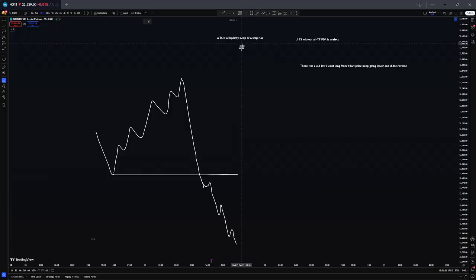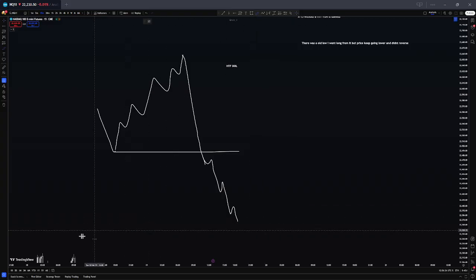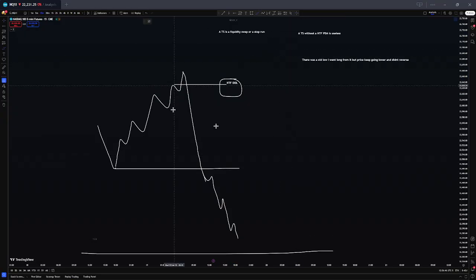This is when you have to keep the higher time frame drawn liquidity in mind. The institutional order flow is bearish, the drawn liquidity is lower, and you're expecting a bullish turtle soup. You're wrong. You have to look for a bearish turtle soup because the higher time frame draw is bearish, right? So to enter from a turtle soup, the high time frame draw should always be correct. Otherwise, you'll probably get stopped out.